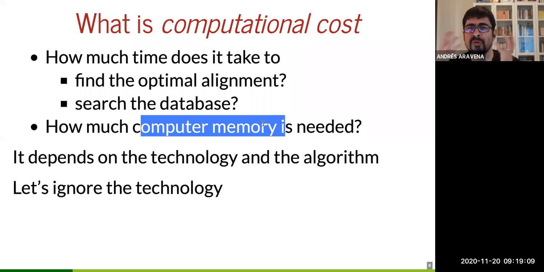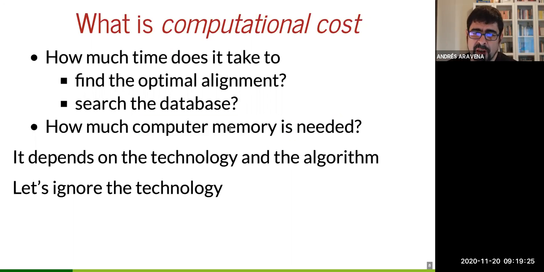These are the two resources that you get: time and memory. To simplify things, we are going to talk about time, but eventually memory can be a problem. If to solve the problem you need memory that you cannot pay for, then you cannot solve the problem. If the time it takes to solve a problem is 3 centuries, then you will not solve it.